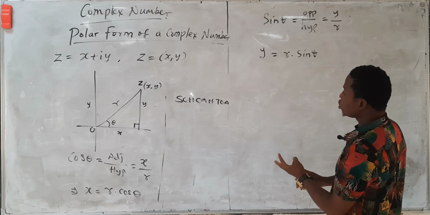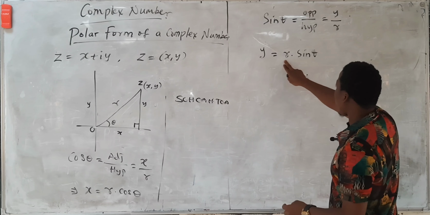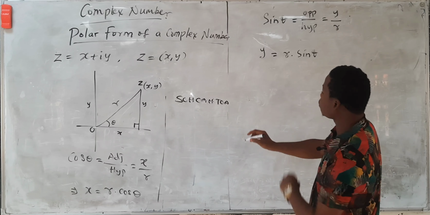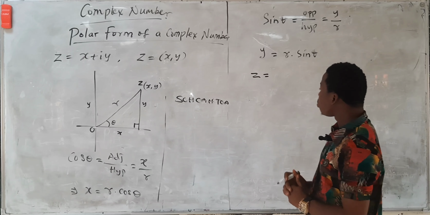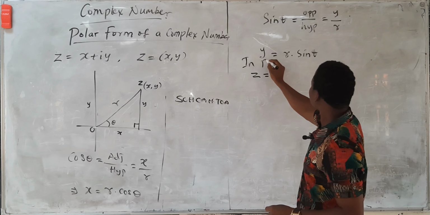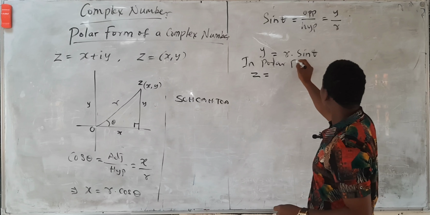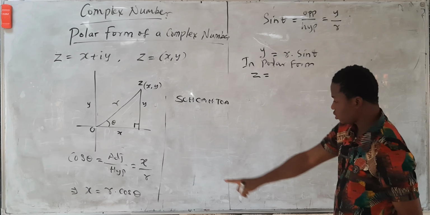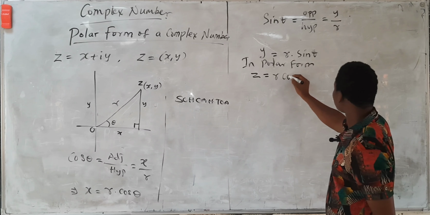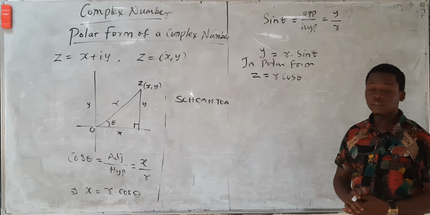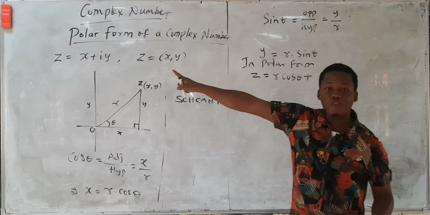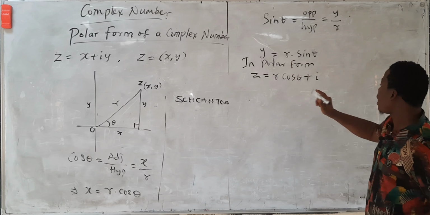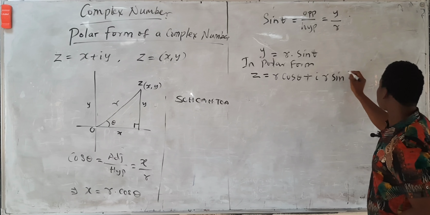Now you can substitute the values of x and y in our polar form. When we do that, z in polar form is equal to x, which is r cos theta, plus i times y, which is r sin theta.